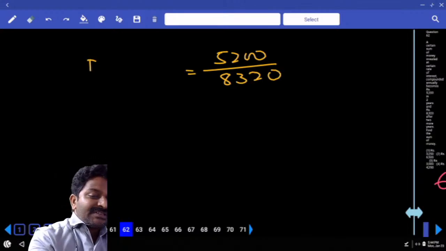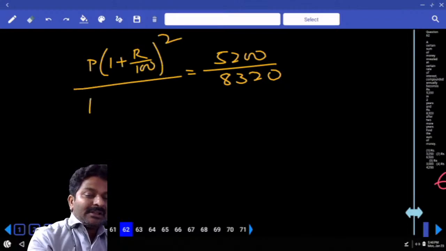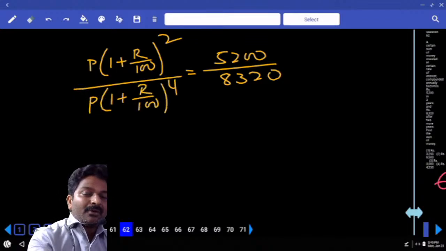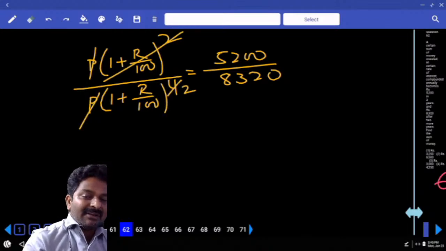Amount after 2 years in the sense principal into 1 plus r by 100 to the power of 2, and denominator principal into 1 plus r by 100 to the power of 4. P gets cancelled, and the denominator will be 2.